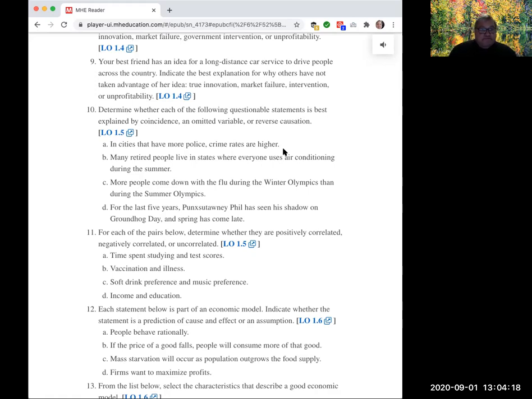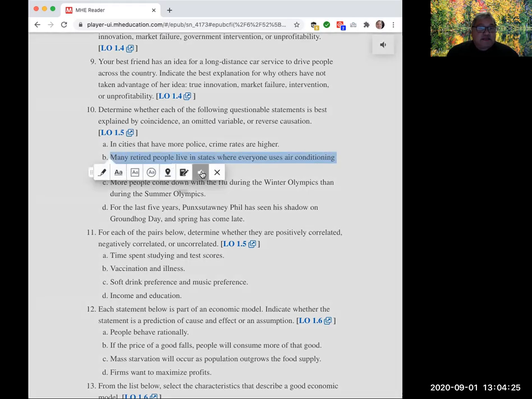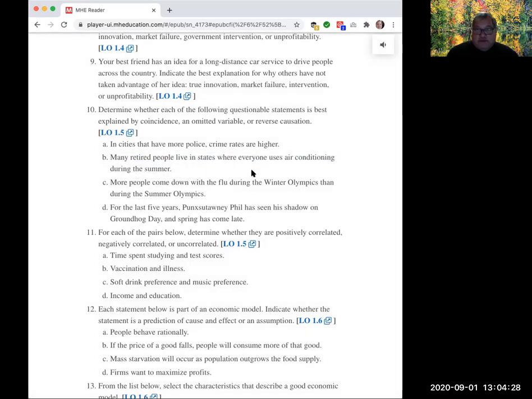We don't know that. Many retired people live in states where everyone uses air conditioning during the summer. So is it the case that retired people de facto use more air conditioning? Or is it that there's a hidden factor such as summer weather impacting both the higher use of air conditioning and being the reason why retirees move to warmer weather, because they prefer to live in warmer climates than in cooler climates?